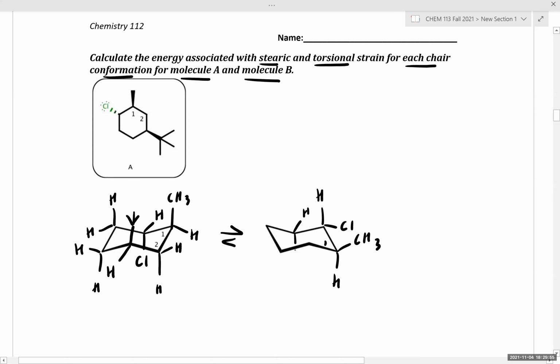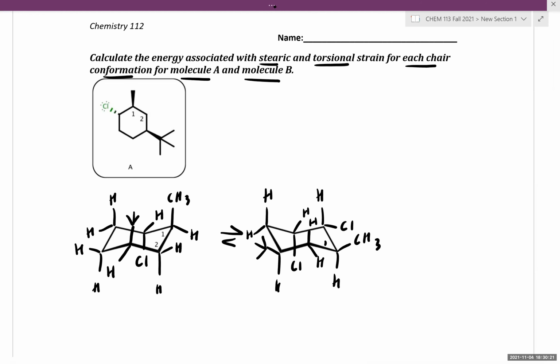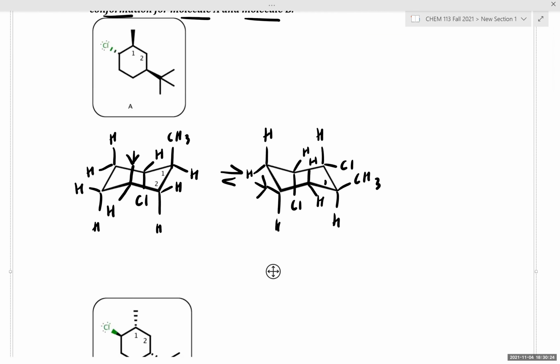And now we're going to look at the energy associated with the steric and torsional strain found in each of these conformations. Nope, that should be a hydrogen. So we're redrawing our 2 chair conformations, and then we're looking at sources of steric and torsional strain. Looking at this first chair conformation, we see that we have a few sources of steric strain.